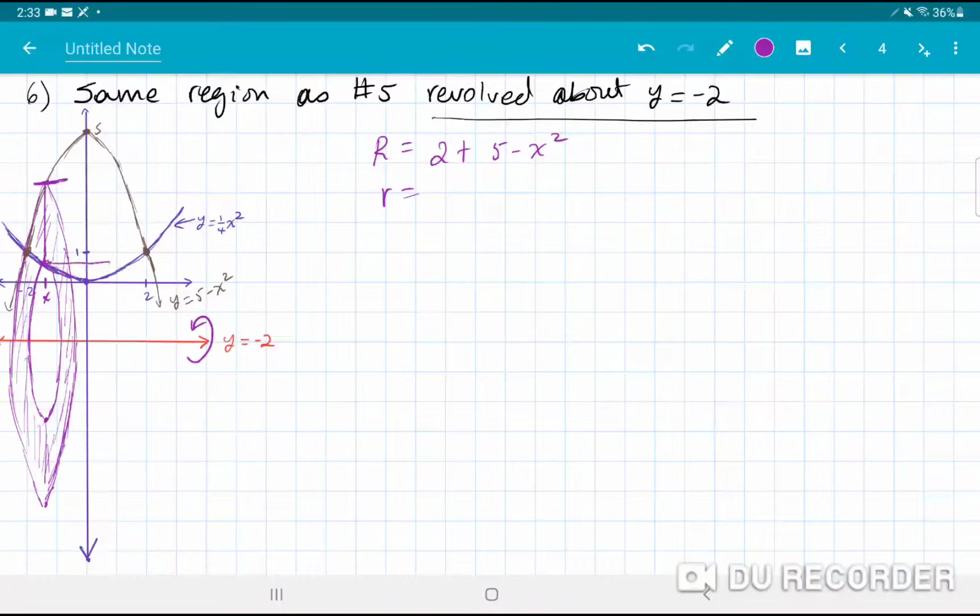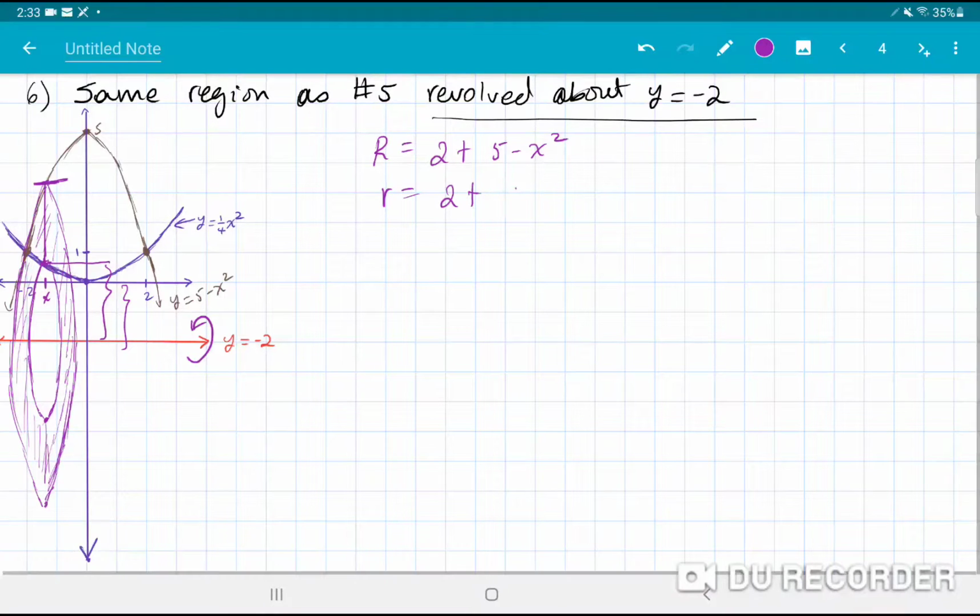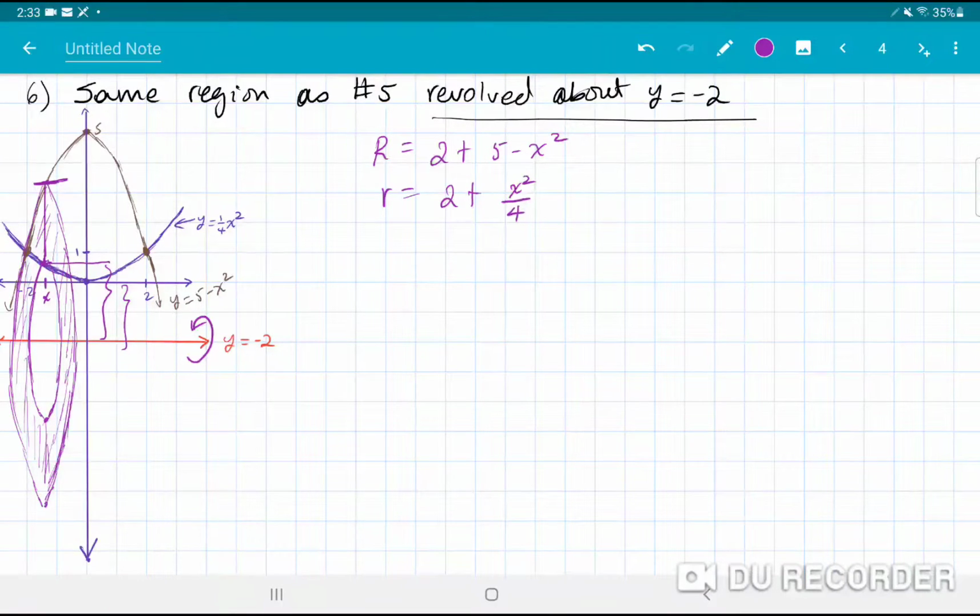Same kind of thought for the little radius: from here to here is 2 units plus the distance from the graph to the x-axis, which is 1/4 x squared. So that gives us 2 plus 1/4 x squared. So the big radius is 7 minus x squared, and the little radius is 2 plus x squared over 4.